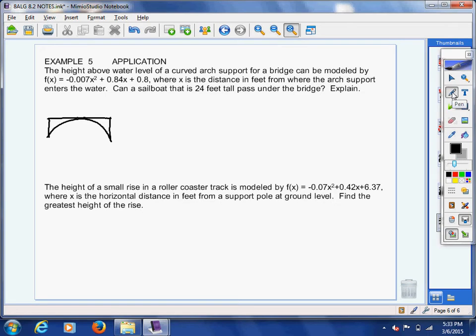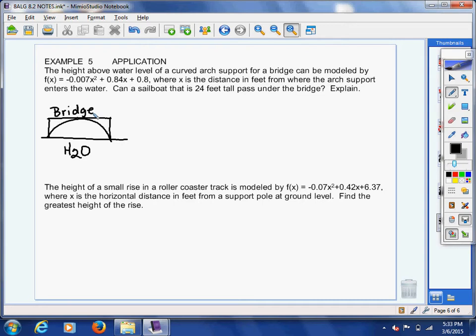We've got to cross over a body of water, okay? So here's our H2O. This is our bridge. And we want to know, can a sailboat come underneath that bridge safely if the sailboat is 24 feet tall? That's what we want to know, okay? Sometimes drawing a picture can help you visualize what you need to see.